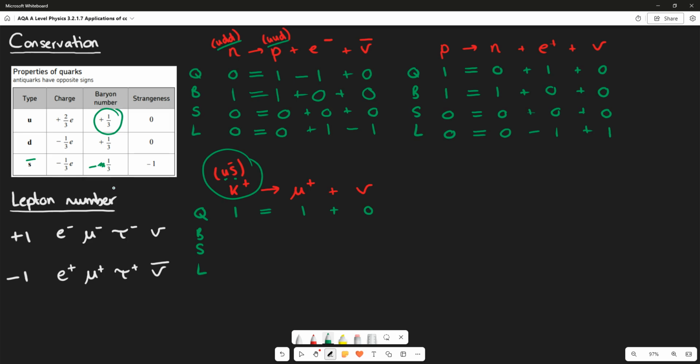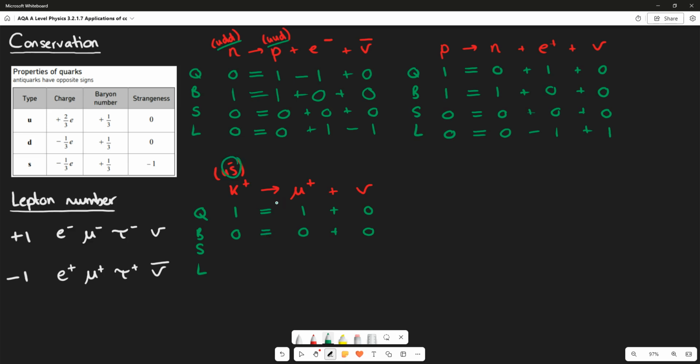It's a meson, it's not a baryon, so it has a baryon number of 0. This is a lepton, it's got nothing to do with quarks at all, and so is this particle. Baryon number is conserved.